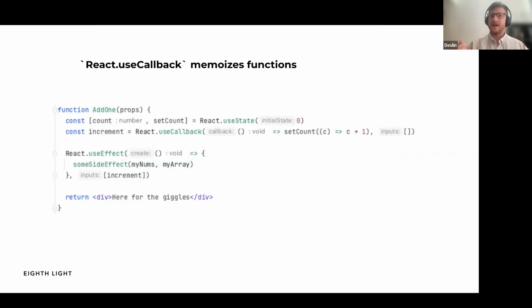Every time that Add1 is re-rendered and the code is rerun, our useCallback method is giving us back exactly the same function reference as created on the initial render, which means that the dependency of useEffect is never changing, which means that it never gets re-triggered. Okay, so that's already kind of a lot to take in.